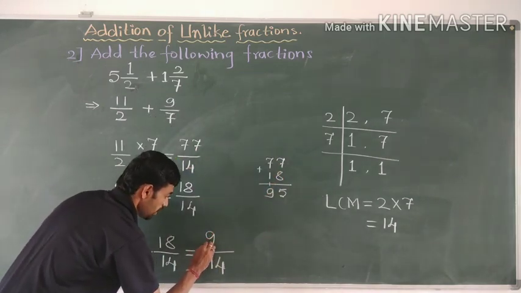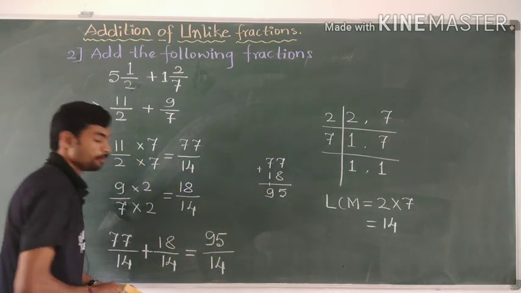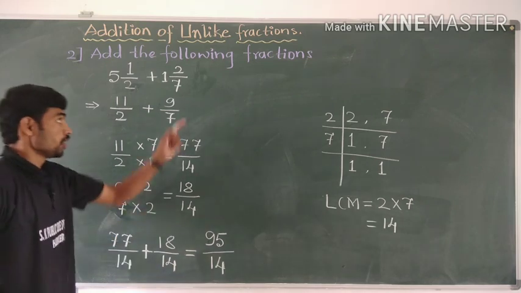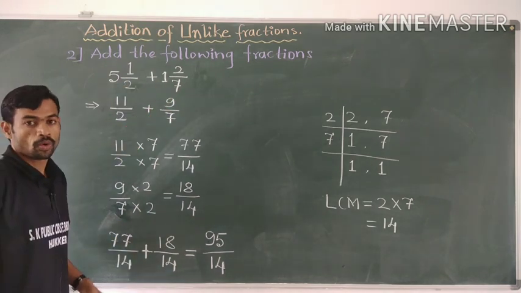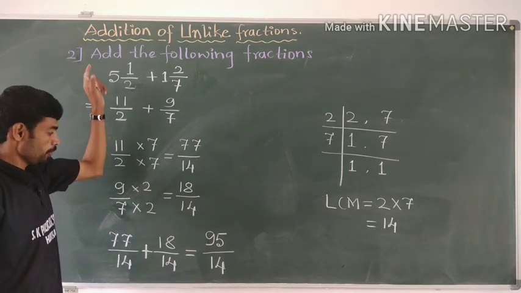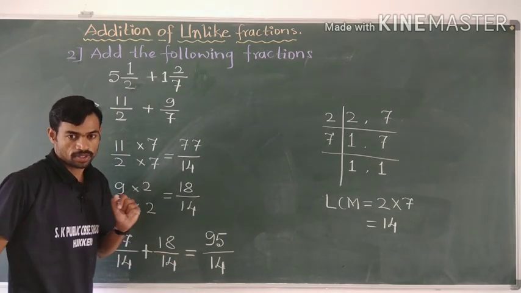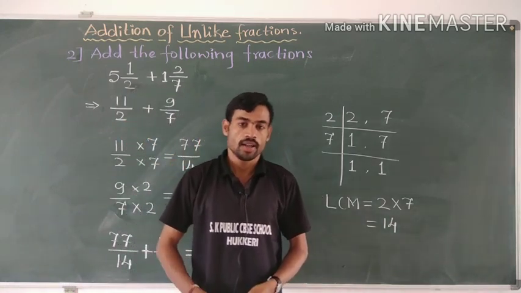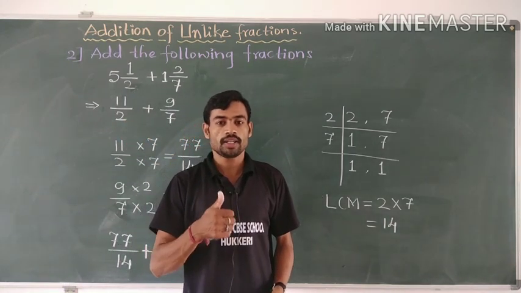That is 95 divided by 14. So this is the sum of the given two unlike fractions. I hope you understood these steps. In the next class, we will discuss the next session. Till then, take care. Jai Hind.